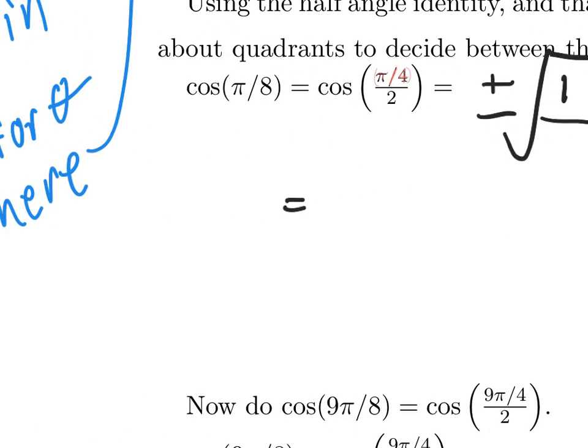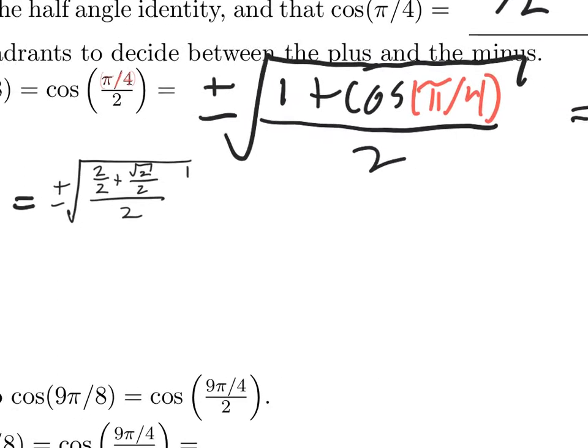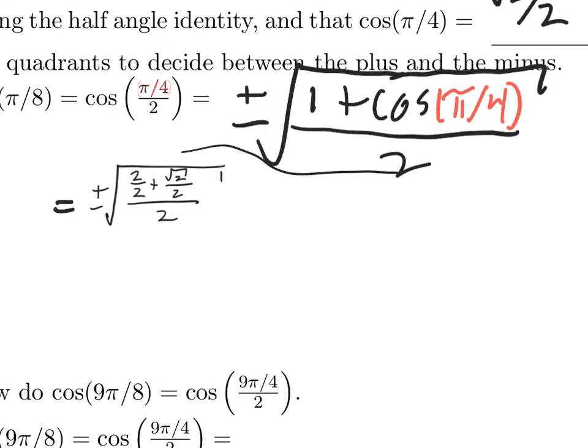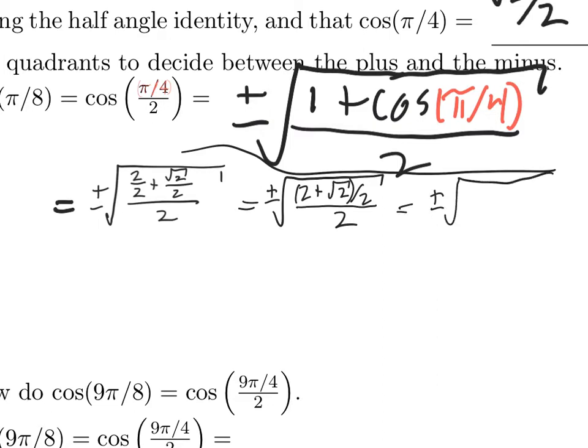So I get plus or minus the square root of (2 over 2 plus the square root of 2 over 2) all over 2, equals 2 plus the square root of 2 all over 2, big square root still, all over 2. So I just added fractions in the numerator. Well, that's division by 2 and then division by 2 again. So that's the same thing as division by 4.